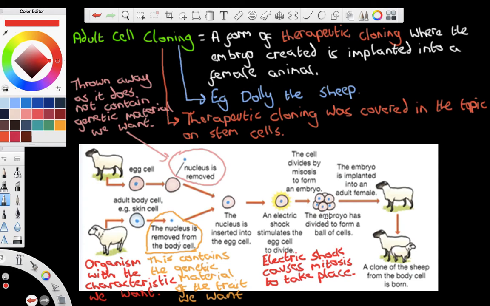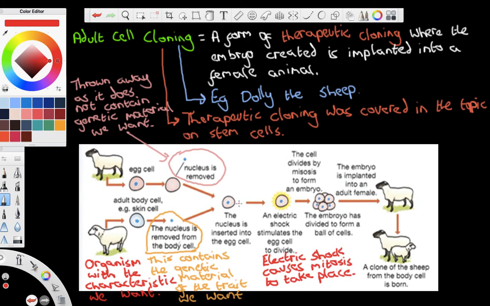Once it goes through mitosis, the cells develop into an embryo, a ball of cells, that's implanted into another female, and then that female will give birth to an organism that has the exact genetic material of this one.